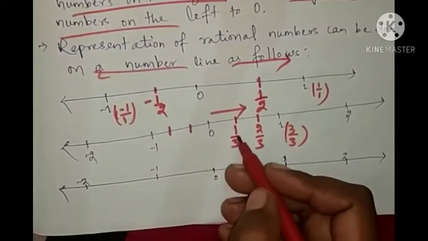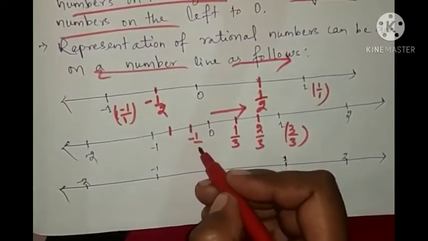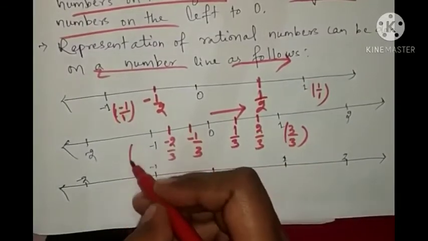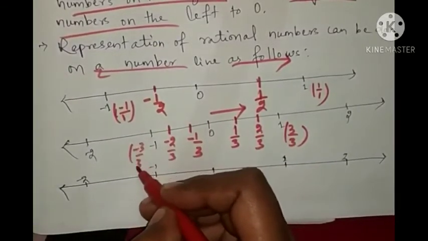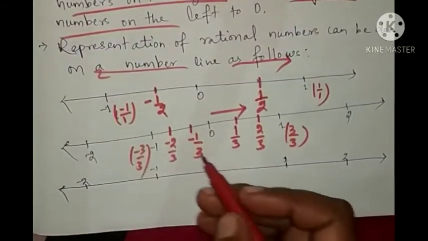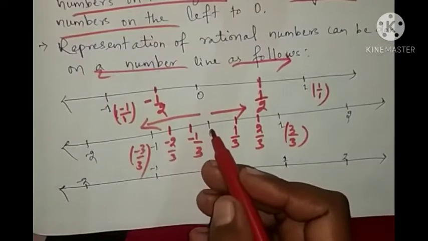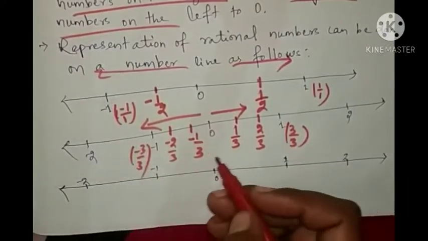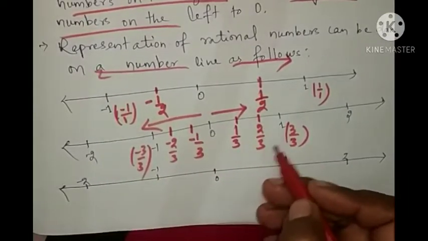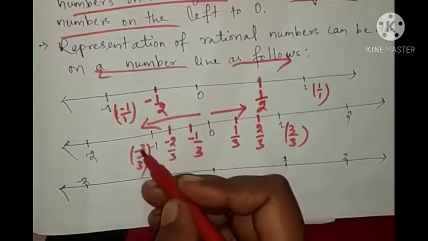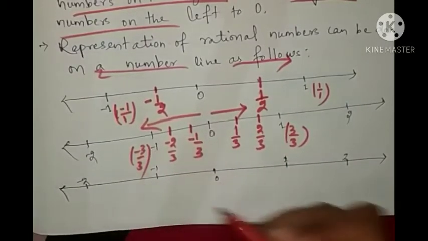Here I'll write minus 1 by 3, this one minus 2 by 3, and this minus 1 is minus 3 by 3. So negative rational numbers go to the left of the 0. So here I put 1 by 3, 2 by 3, 3 by 3, and here I'll put minus 1 by 3, minus 2 by 3, minus 3 by 3.